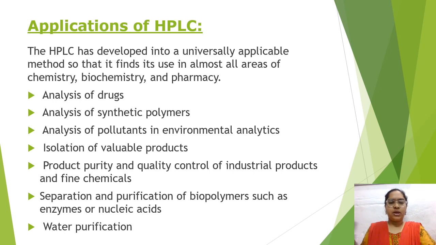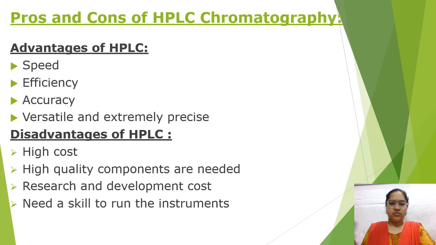As from the above, it is not only used for separation of solvents or mixtures, it is also used for the separation and purification of biopolymers. And finally, water purification.